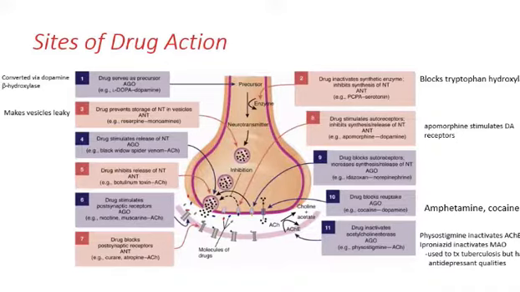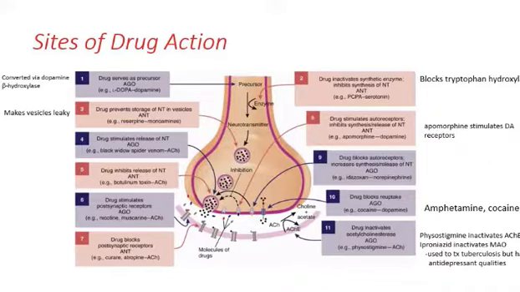Along the side, 3, 4, and 5, we have factors affecting the storage and the release of the neurotransmitter. So in the case of reserpine, it makes the synaptic vesicles leaky, the synaptic vesicles that contain various monoamines like norepinephrine. By making these vesicles leaky, making it difficult to store the monoamine, this would be an antagonist.